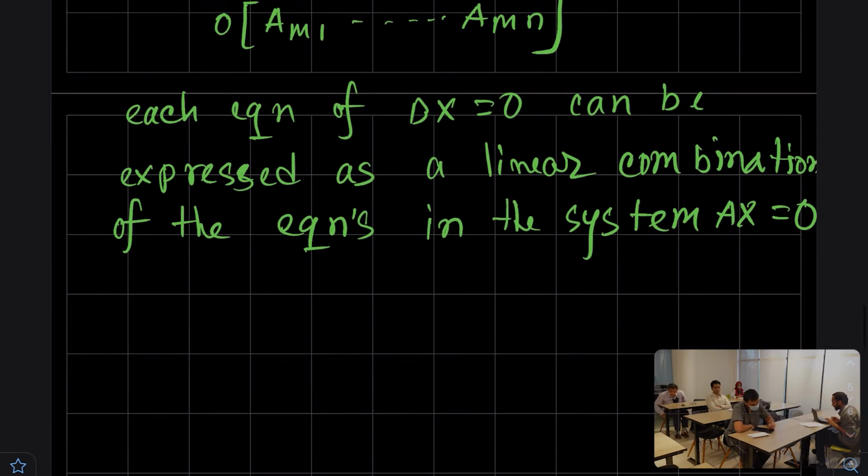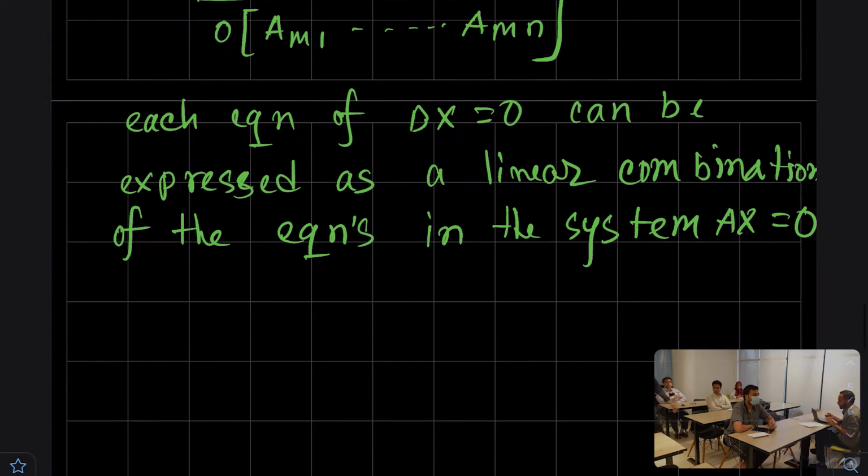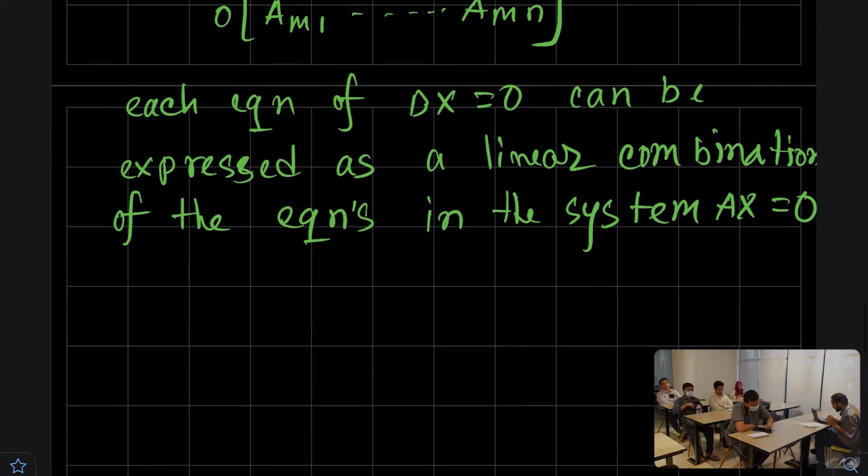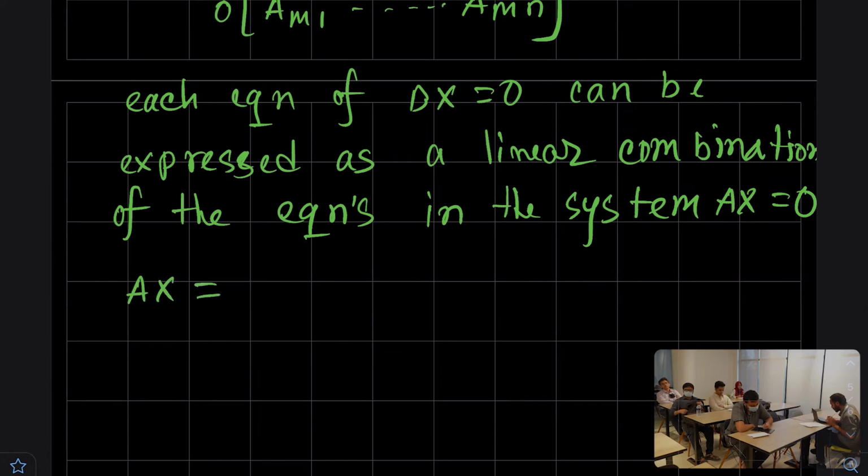So I'm getting the system Bx equal to 0 by taking the linear combination of the system Ax equal to 0. In the same way, there exists an E1 of the same type that can give me the system Ax equal to 0, which is a linear combination of the system Bx equal to 0, right?